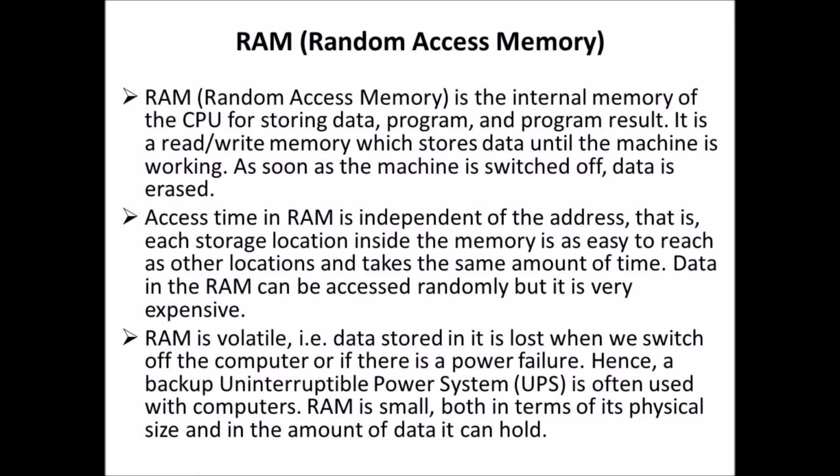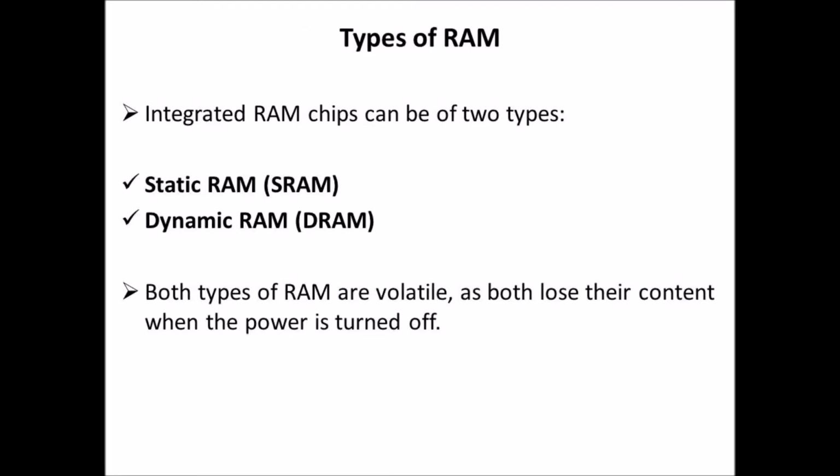RAM is volatile, that is, data stored in it is lost when we switch off the computer or if there is a power failure. Hence, a backup uninterruptible power system, that is UPS, is often used with computers. RAM is small both in terms of its physical size and in the amount of data it can hold.